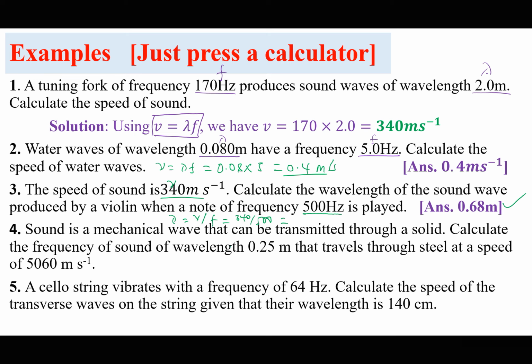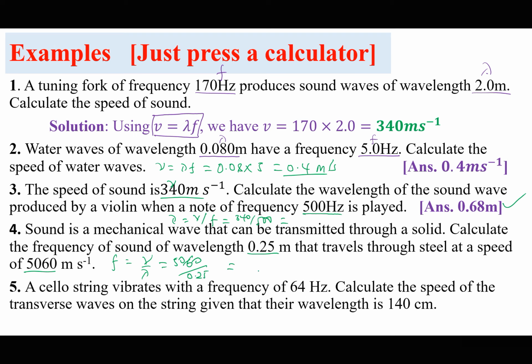Sound is a mechanical wave that can be transmitted through a solid. Calculate the frequency of sound of wavelength 0.25 meters that travels through steel at a speed of 5060 meters per second. So we want to find the frequency, so frequency is simply going to be v divided by wavelength. So they've given us v as 5060 divided by wavelength as 0.25.